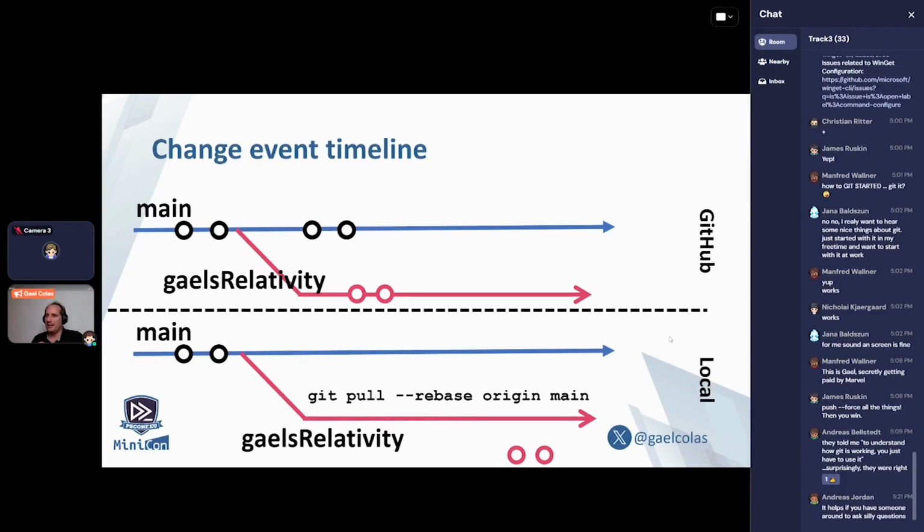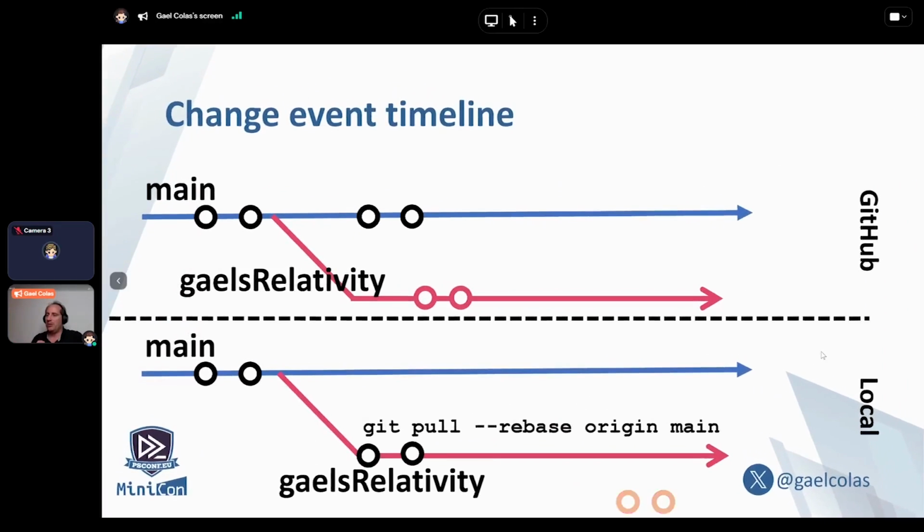So we set them aside. And we will pull the one we're missing from the origin, so on the remote server, main branch. So now we have the same history as we have on main in the GitHub, in the origin. And then we can add the last 2 commits.